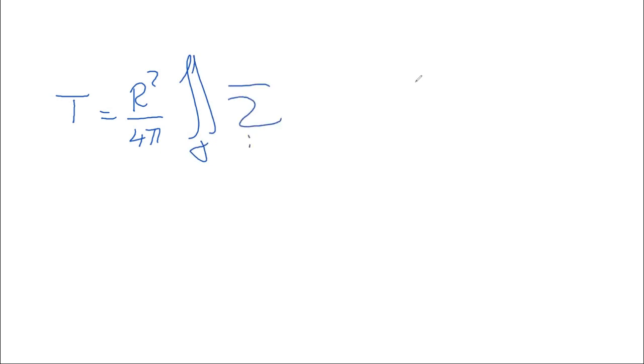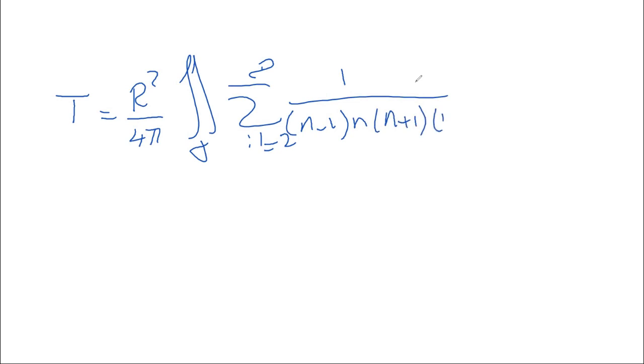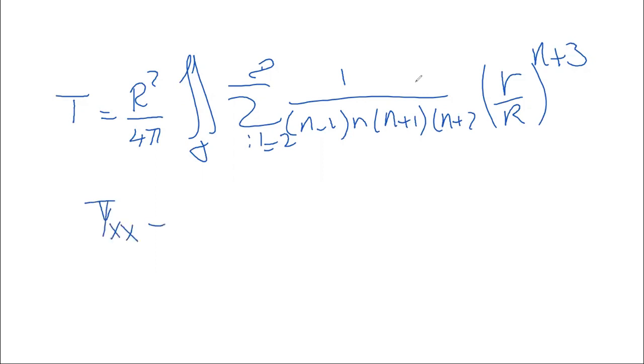The spatial solution will be potential R^2 over R, integral of the sum from 2 of 1 over (n-1)(n+1)(n+2), (R/r)^(n+3), and inside the integral I have Txx minus Tyy multiplied by a big equation, actually.